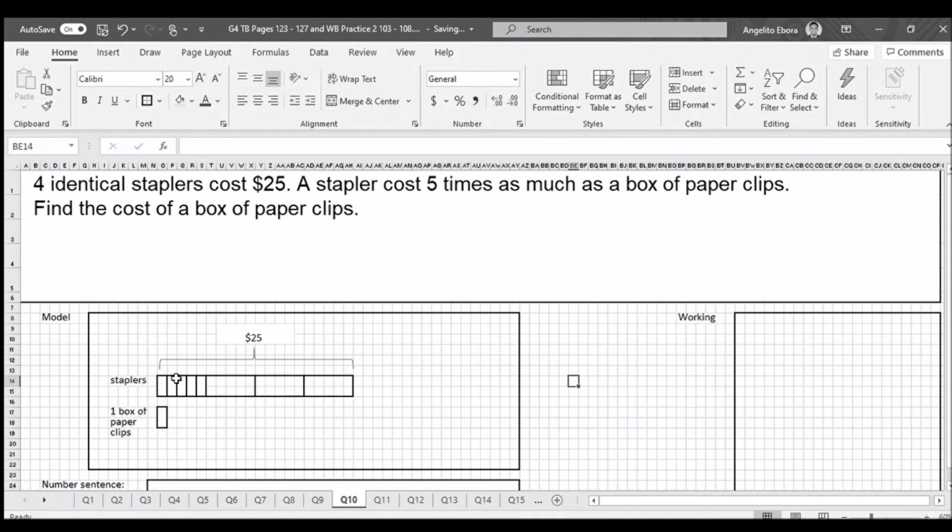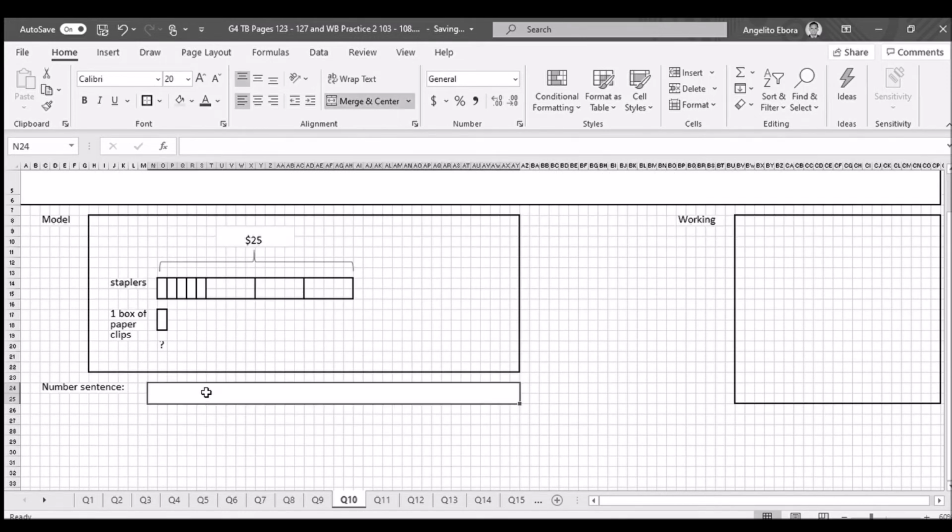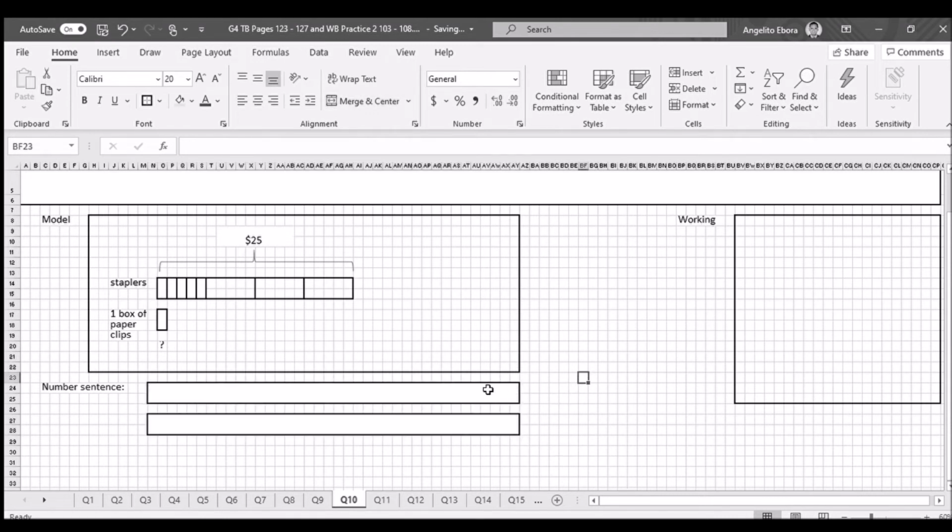So all we have to do, this one is a two-step word problem. The first step is to find the cost of each stapler. Now there are 4 staplers, right? So our first step is to find the cost of each stapler.